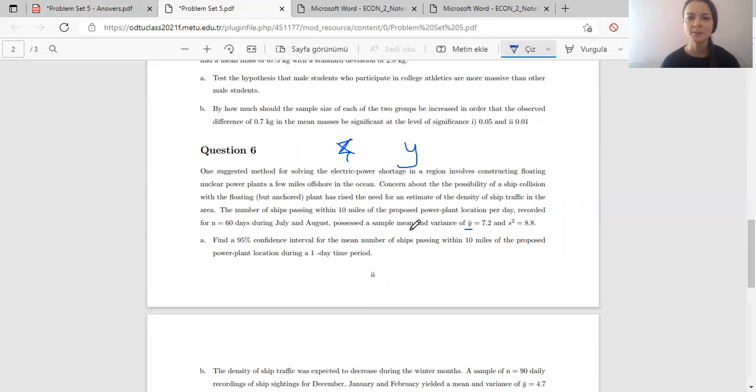And the sample mean we have from 60, okay? Sample mean is 7.2 and sample variance is 8.8. And we are trying to construct a confidence interval with 95% confidence, okay, in a one way.